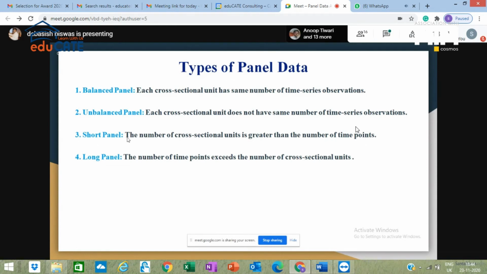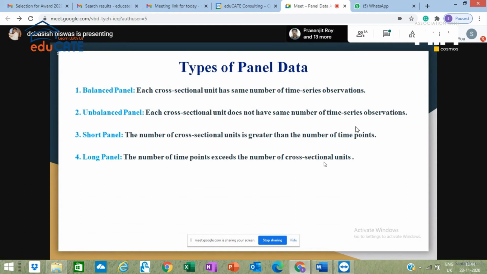But if the reverse situation arises, conversely we can say that if the number of time points exceeds the number of cross-sectional units, suppose you are considering 5 states, but you are considering the variables for 10 years.